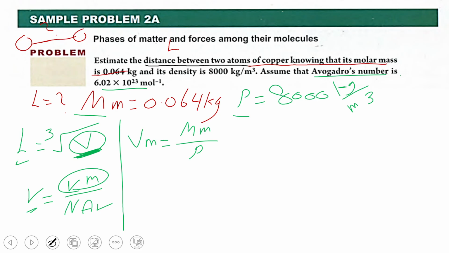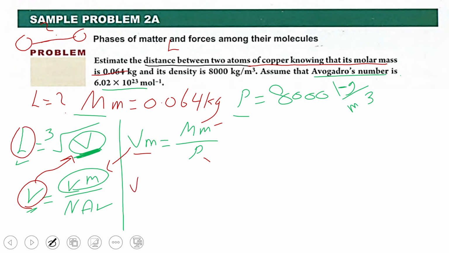Use this rule, find Vm, put it in here to get V, and then put V in the equation to find L. So, step by step.